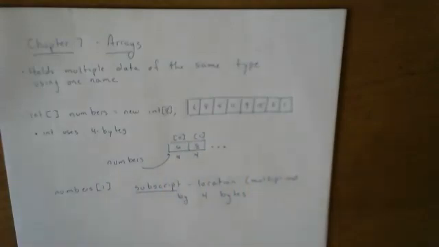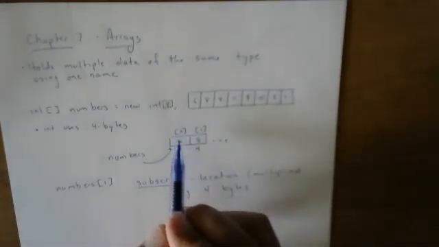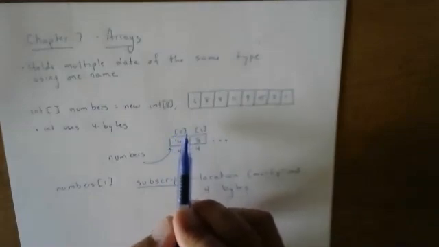Now, how do I get at these? What if I want to either store numbers in, change numbers, or access numbers? Well, the way we do it, and the way you saw in the code listings, is I'm going to use subscripts. The very first location in this array is stored in subscript 0.